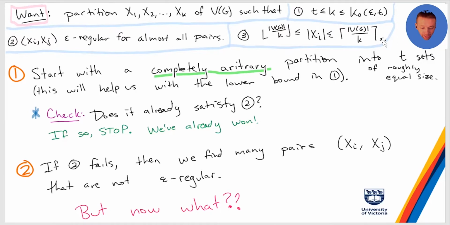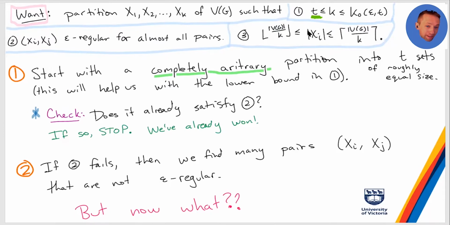I've got my graph G. I'm just going to start by taking a completely arbitrary partition into t sets of roughly equal size, where t is my parameter, the lower bound on the number of parts that I want to hold at the end. If I want to make sure there's at least t parts, I might as well just start by partitioning into t parts.